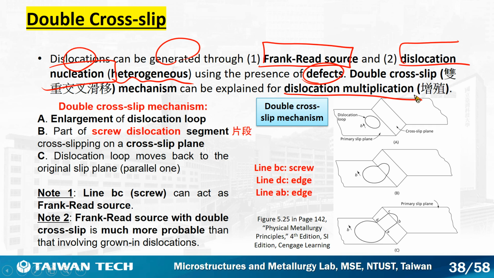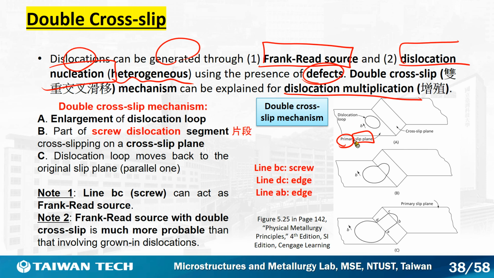So first, let's see this double cross-slip mechanism. Try to imagine we have a dislocation loop on this slip plane, and we call it the primary slip plane because we now learn that a material could have a lot of slip systems. So we can have the primary slip system and the secondary slip system and so on.